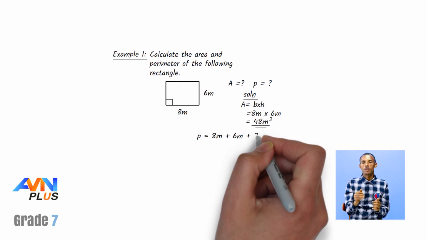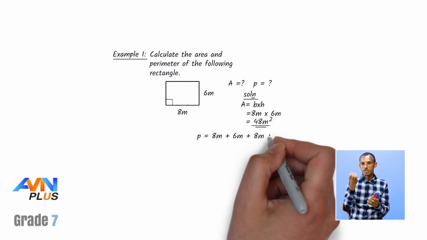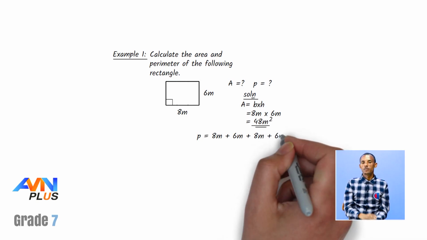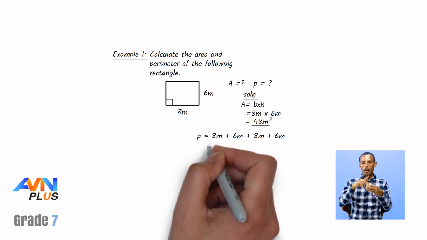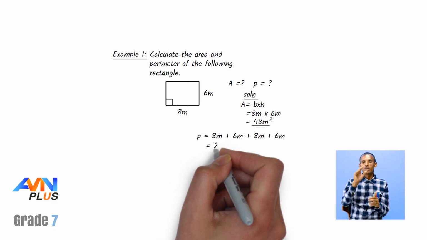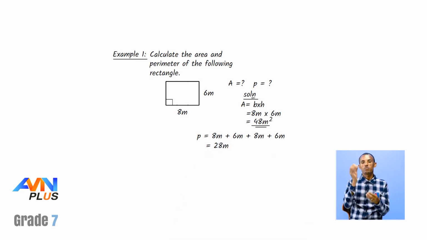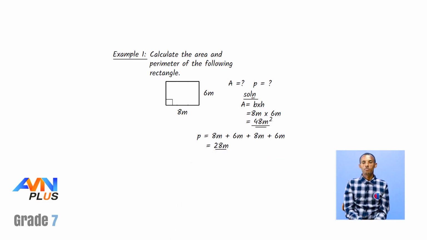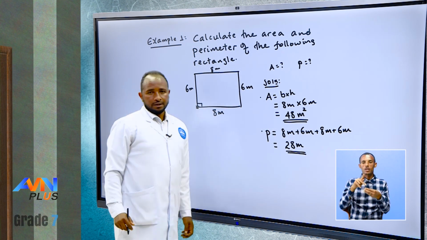Therefore plus 8 meter plus this one is also 6. This one is 8. Therefore plus 6 meter. So the final answer will be 8 plus 6 is 14. Again this one is 14. 14 plus 14 is 28 meters. So this is the perimeter of this rectangle.